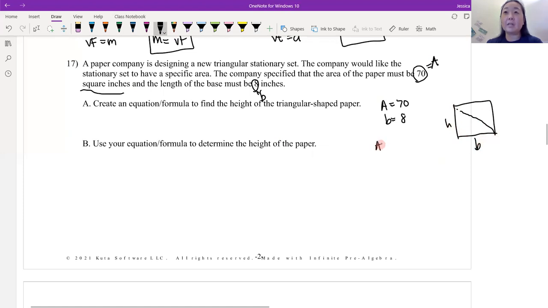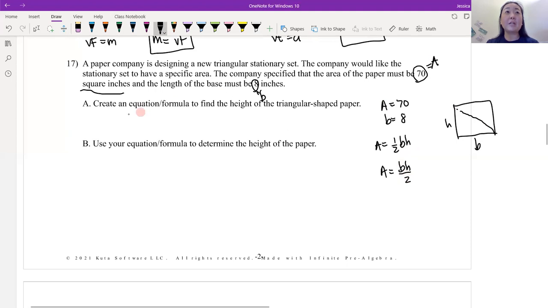So the area is equal to 1/2 base times height, or area is equal to BH over 2. Either way is okay, right? Most people, I think, when they memorize it, say it this way, but you can say it like this too: base times height divided by 2. Actually, I don't know which way you want it, but both ways are correct. If we were to multiply this out, you would just get this anyways.